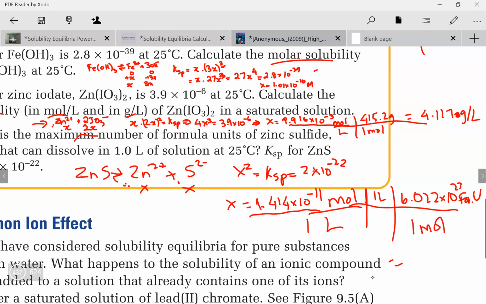I did something wrong there. There, 8.516 times 10 to the power of 12 formula units is my solubility of this solution.